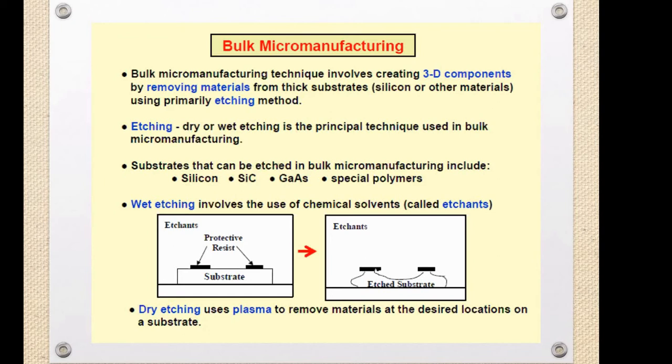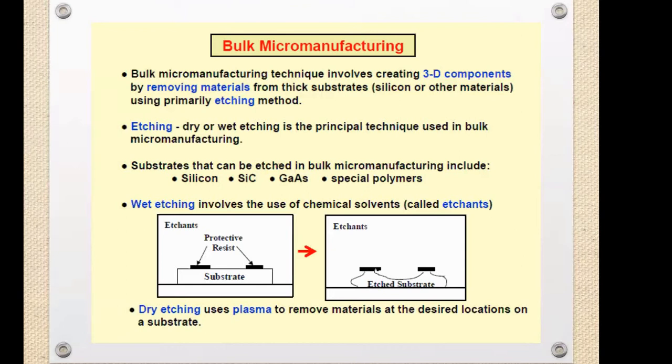Bulk manufacturing, or bulk micromachining, involves removal of materials from bulk substrates, usually silicon wafers, to form desired three-dimensional objects. Our aim using the microfabrication process is to create a three-dimensional object or microstructures at micro levels.